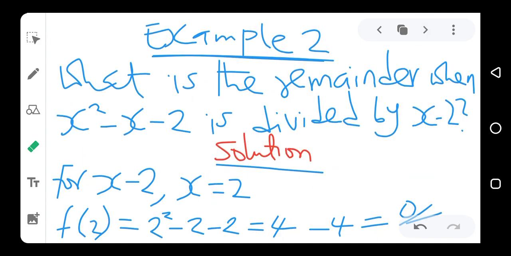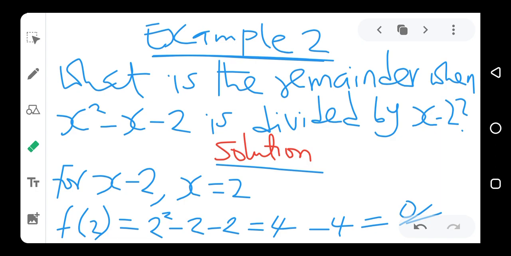Example 2. What is the remainder when this polynomial is divided by this term? When we insert the x value, which is now 2, we are going to get 0.